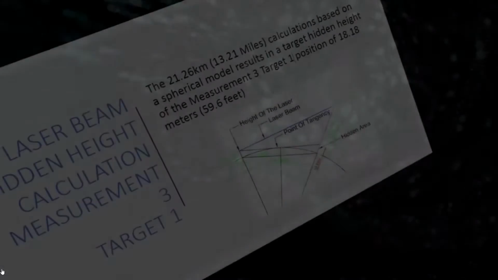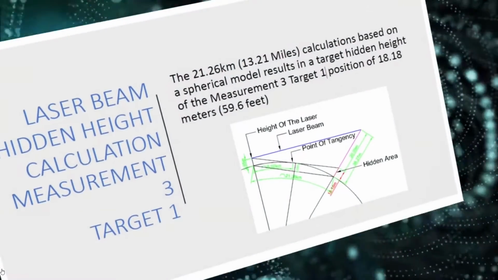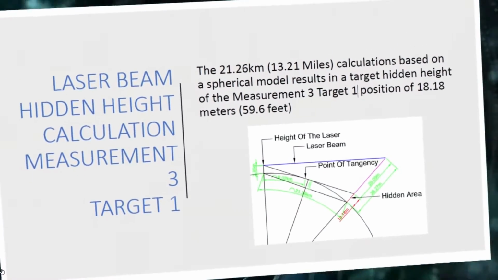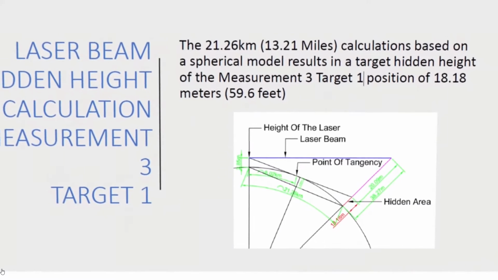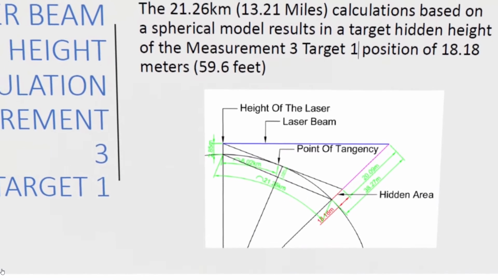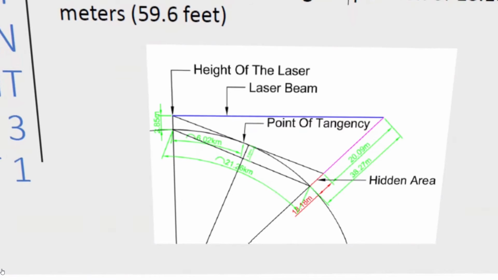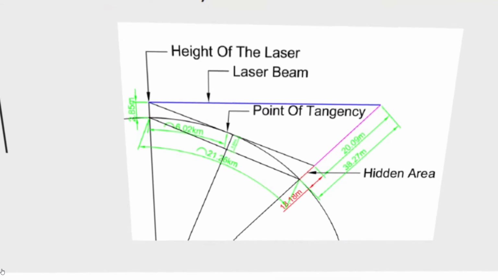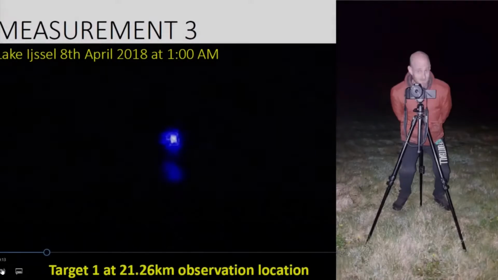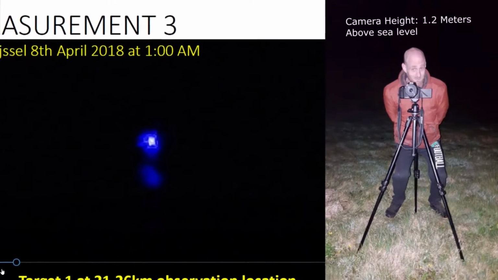The 21.26 kilometer calculations based upon the WGS-84 geoid model resulted in a target hidden height for Measurement 3, Isle Lake, Target 1 location of 18.18 meters, or 59.6 feet. The camera height was 1.2 meters.